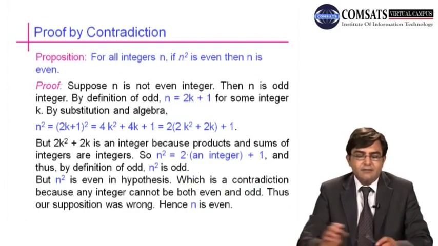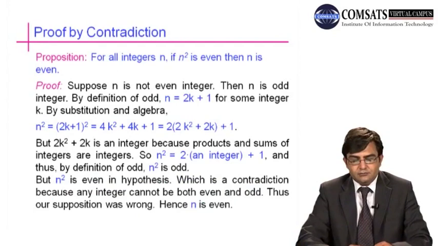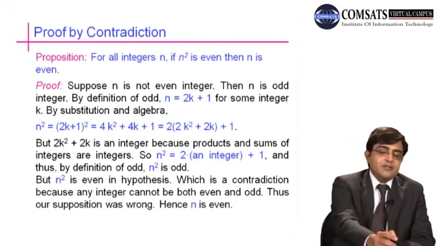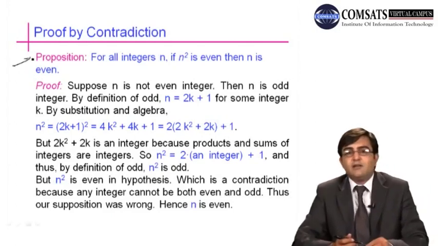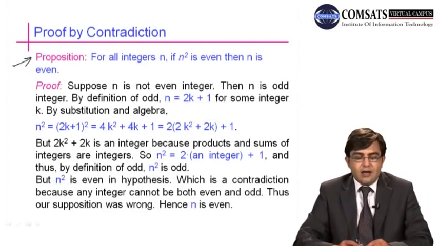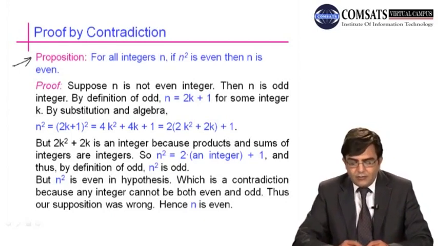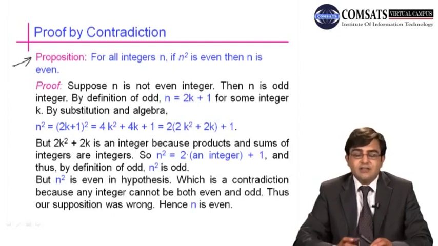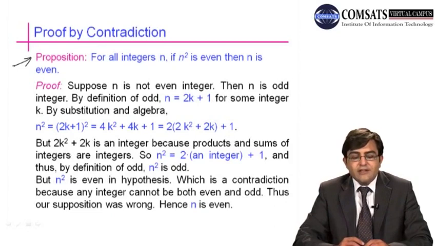Again, if we try to prove the same proposition which we proved by using the method of contrapositive, now by using the method of contradiction, then you will get an idea of the relationship between these two methods. So, for all integers n, if n square is even, then n is even.